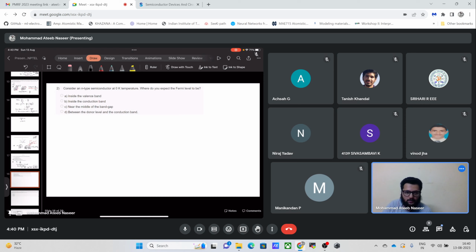The material is n-type, and you have to consider the material at 0 Kelvin. Between the donor level and the conduction band. Absolutely, Shri. But please give me the logic behind this. Anyone, not only Shri.